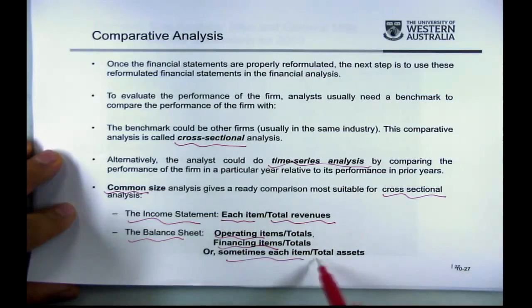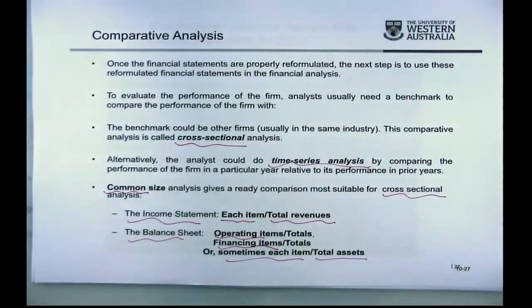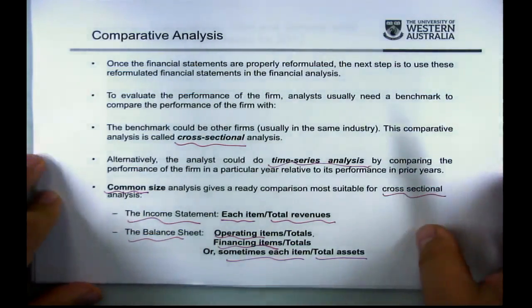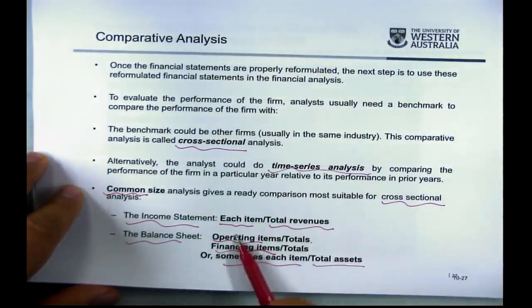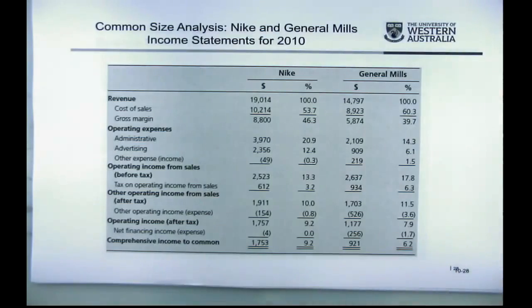Sometimes each item is divided by total assets. This is for the unrestated statements. If we deal with the balance sheet as given, we divide each item by total assets. But it would be better if we make the analysis for the restated statements. Okay, let us see an example.